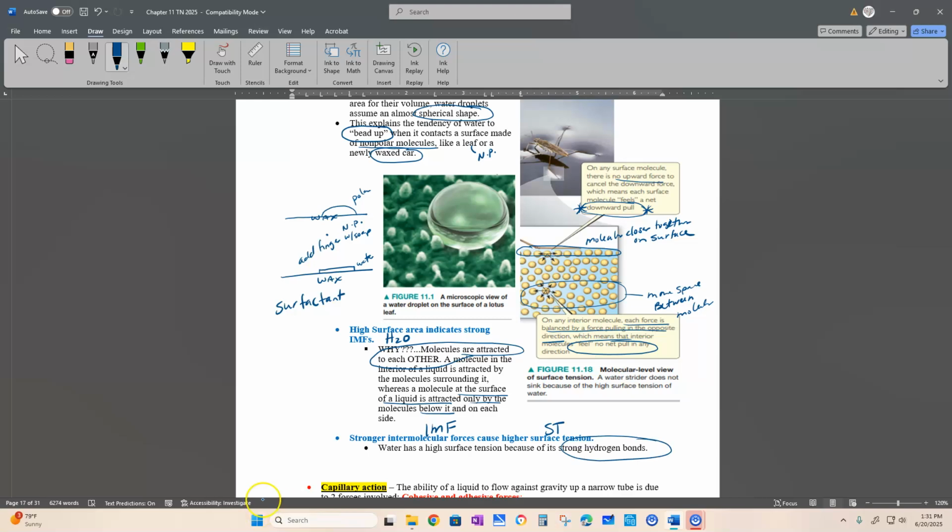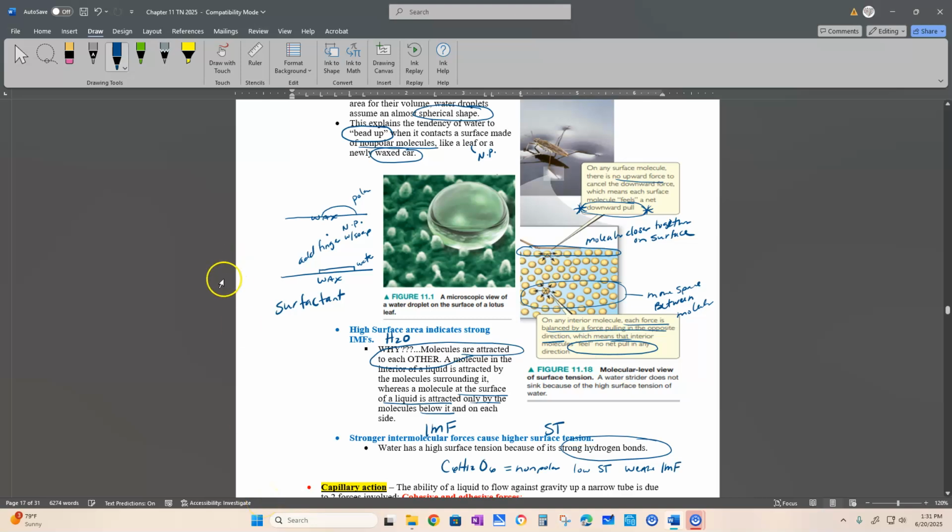If it was something like oils and sugars, like C6H12O6, which is sugar, nonpolar, okay, basically you would have very low surface tension because you have very weak intermolecular forces, okay?